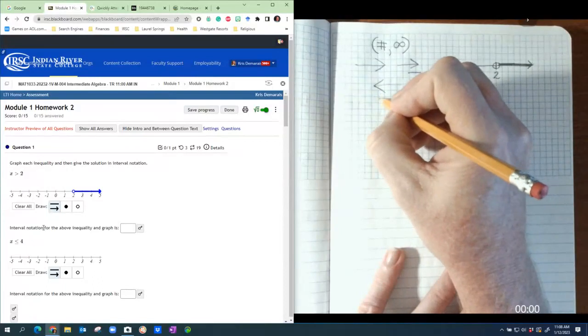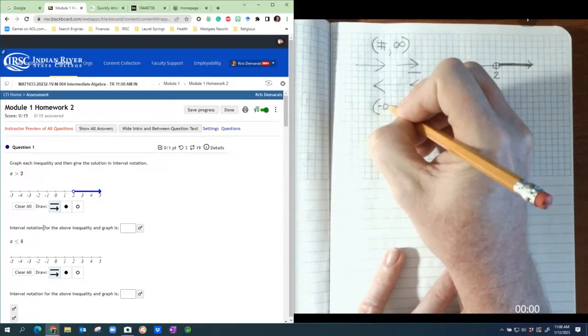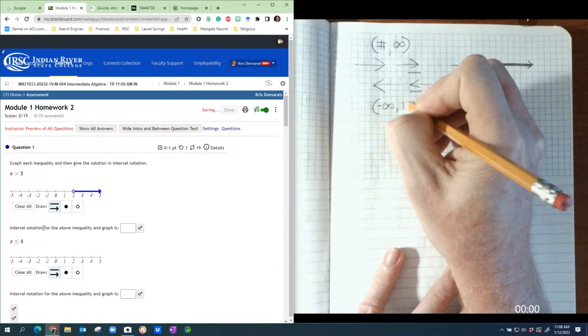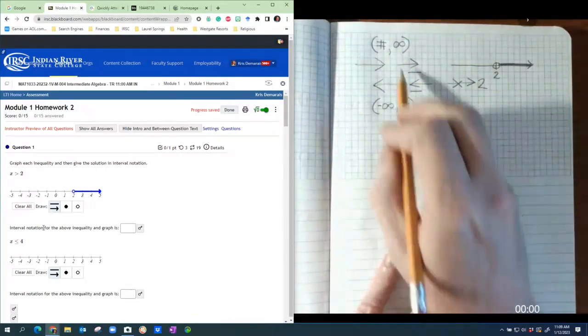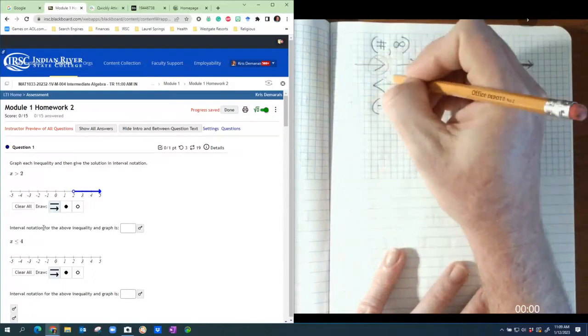For this one right here, it's going to be negative infinity, comma, number.